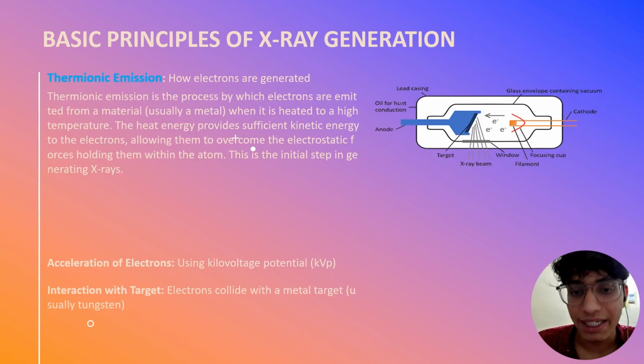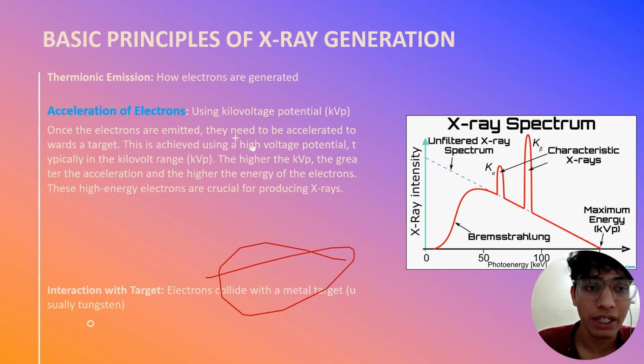After that, the second step is the acceleration of electrons. The electrons emitted from the atoms are accelerated in the tube.